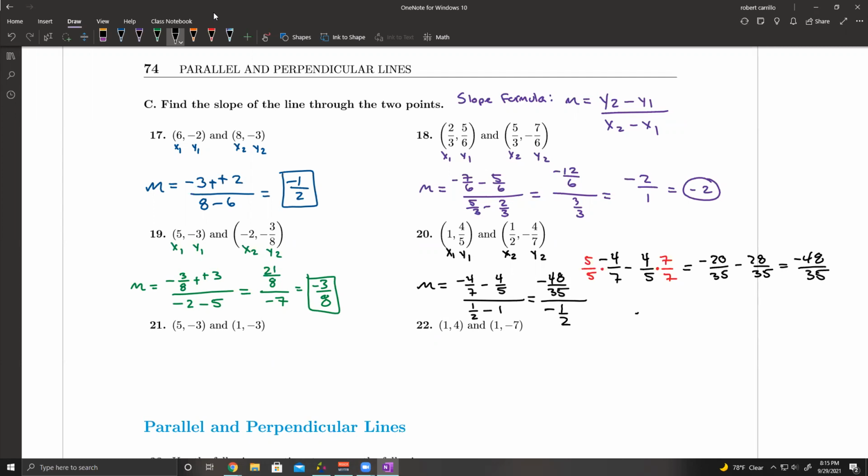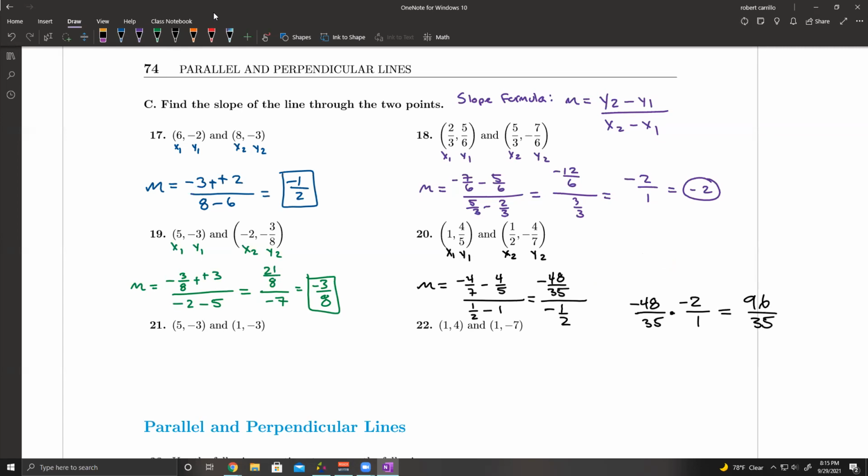And then one last piece of fraction work. Negative 48 over 35 times the reciprocal of the denominator, negative 2 over 1. And you can't cross cancel here. So you're going to get 96/35. Oof.